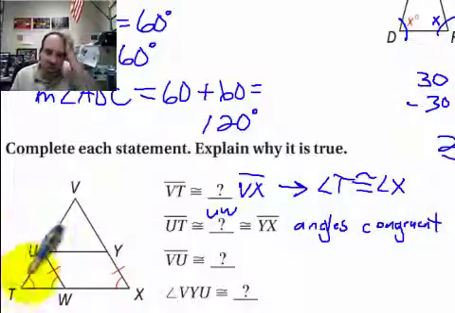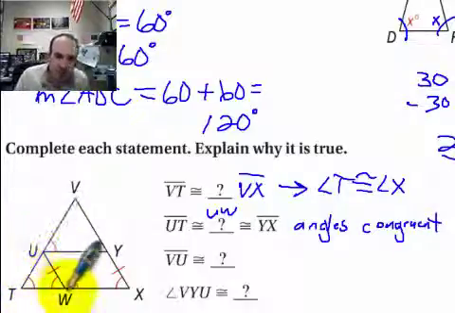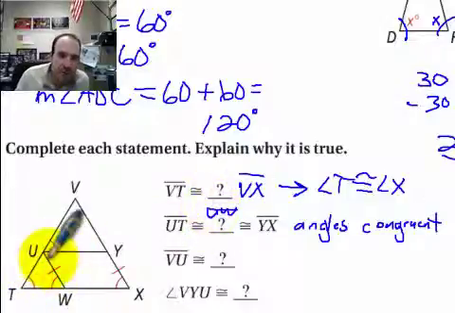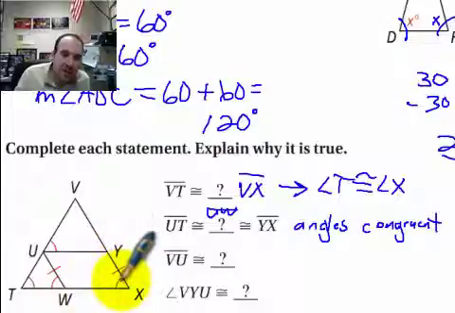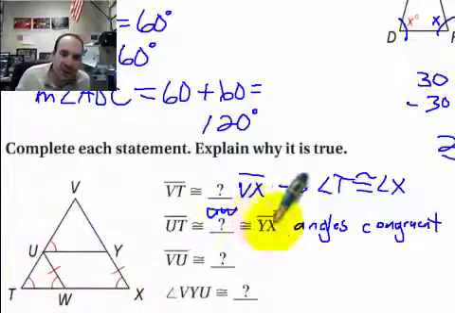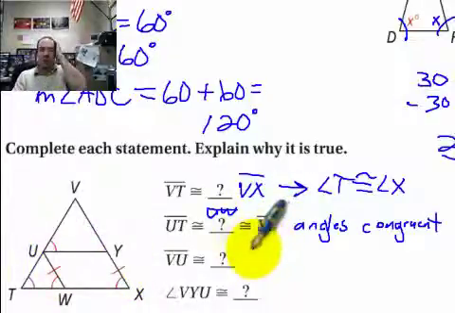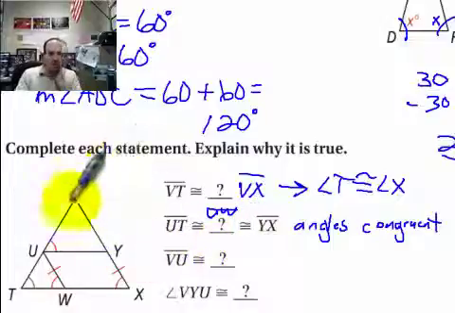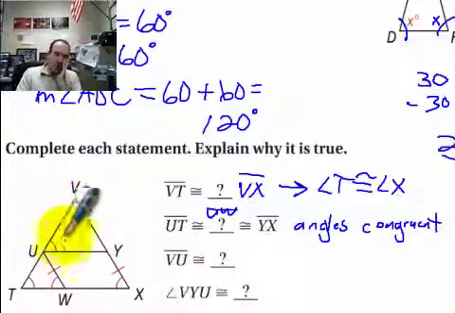So UT is congruent to segment UW, because their angles were the same. But I already know that segment UW is congruent to YX. So that's how they cut out the middleman and wrote that there. Alright? And then VU would be congruent to what?